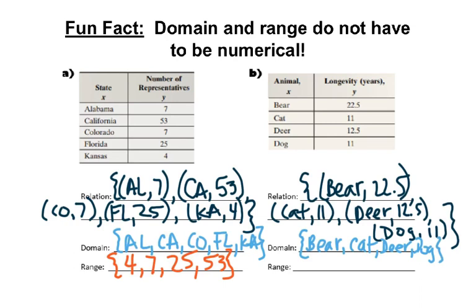And then the range will be our lifespan. Again, let's go in order from smallest to largest. Our smallest lifespan looks like our cats and dogs at 11. Then deer at 12.5, and then bears at 22.5. And this will conclude our video on domain and range with relations.